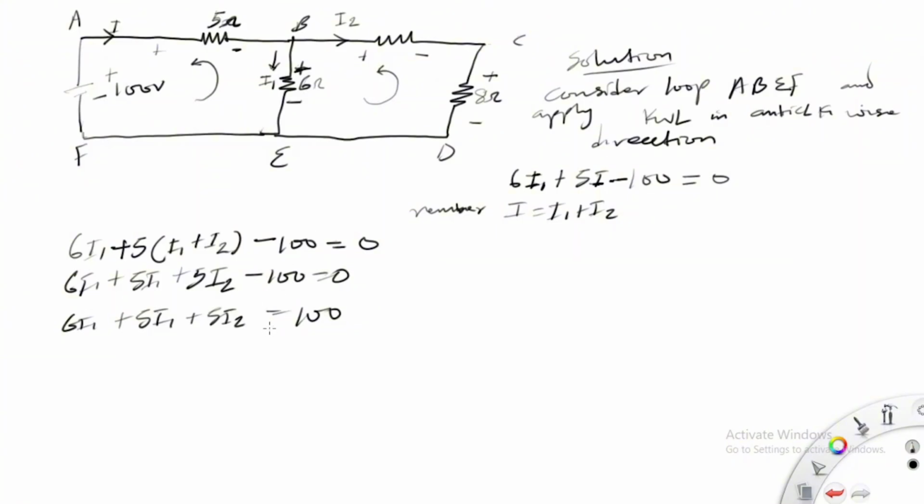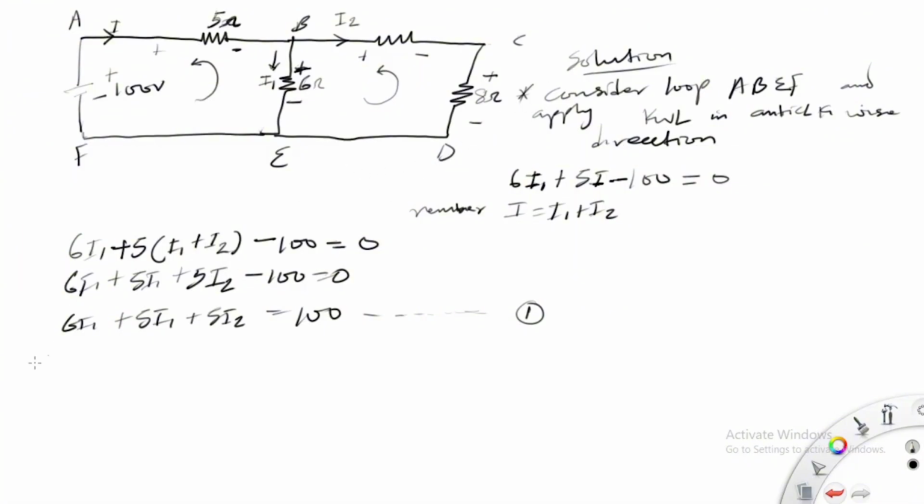100 goes to the other side. We have that. So that's what we have now. Let's call this equation 1. So let's now consider, this is our first case for the first loop.